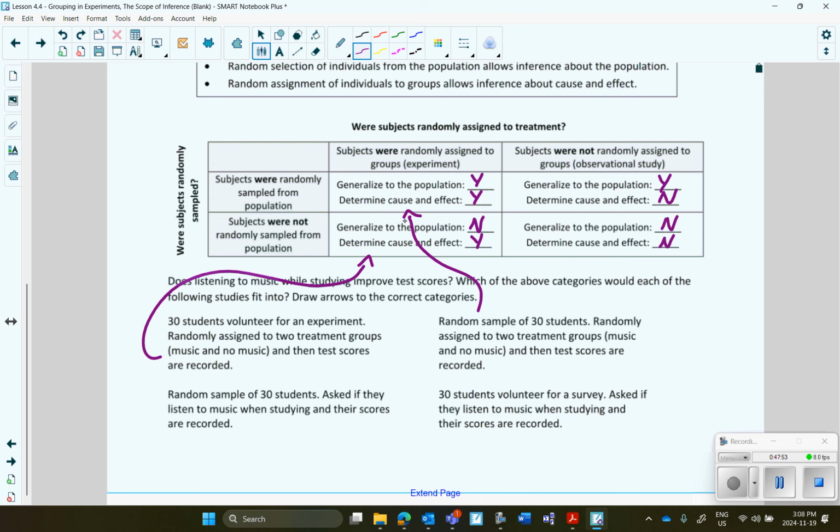Random sample, but not random assignment. And then this one, we've got 30 volunteers, no random assignment, so that's clearly no and no.